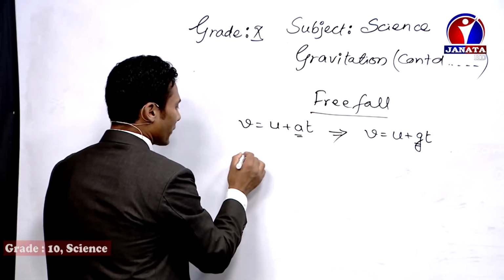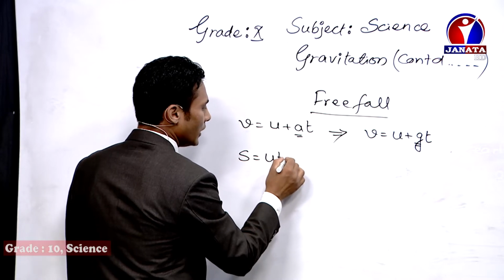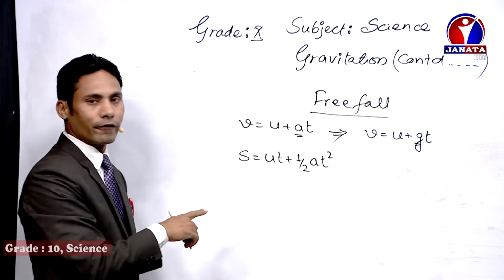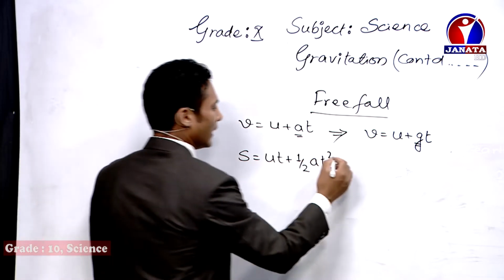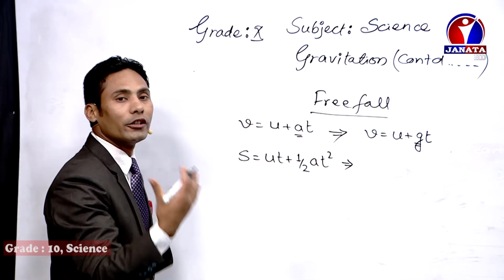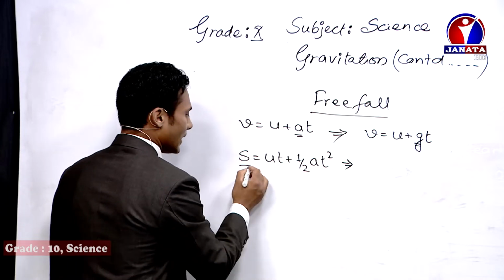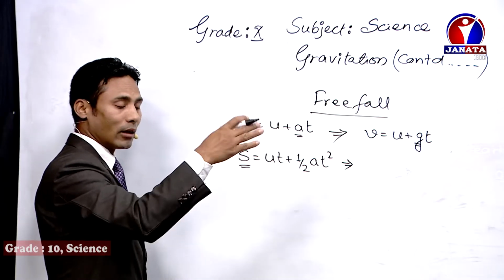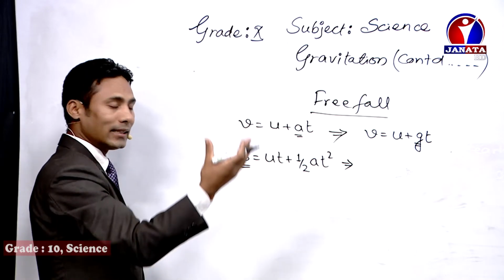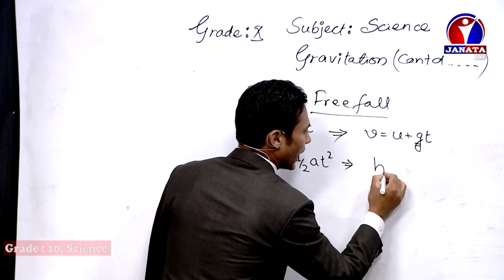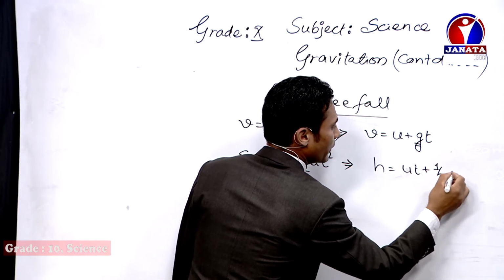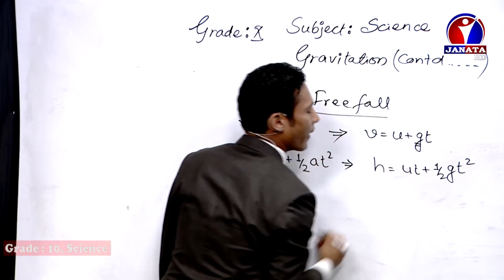Next one is s equals ut plus half at square. This is the equation of motion in linear form, right? And this equation is modified: s is distance in linear form, and that will be height, whenever the object is falling from a certain height. So this will be h equals ut plus half gt square.